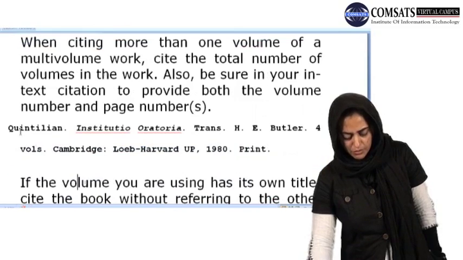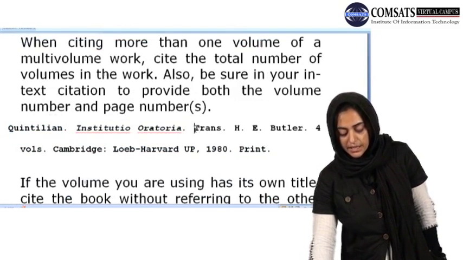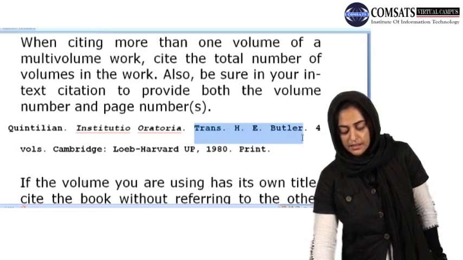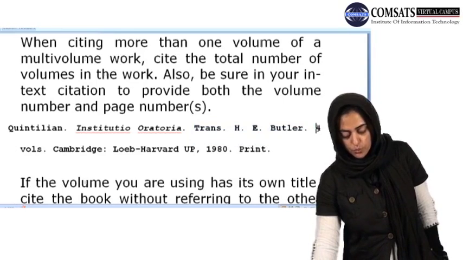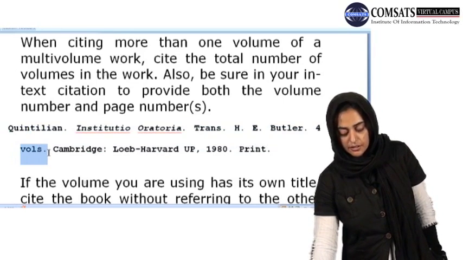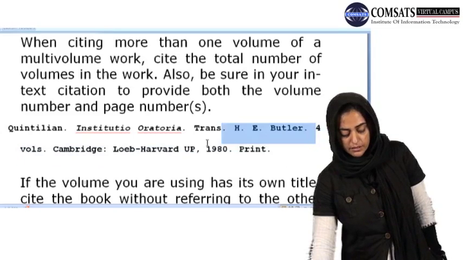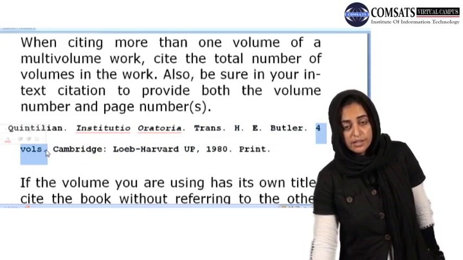Here, dear students, this is the name of the author, then a period, then the name of the book, then a period, then translated by H.E. Butler, then here comes 4 VOLS, which means 4 volumes have been consulted for any particular piece of information that you have given in the report.